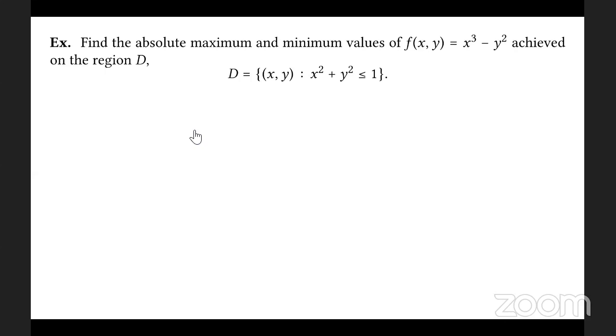And so you could write f restricted to the boundary of D as x cubed minus, and isolate that, y squared equals 1 minus x squared. So that's x cubed plus x squared minus 1. You could actually do this and optimize that.